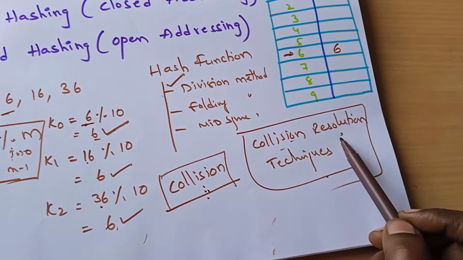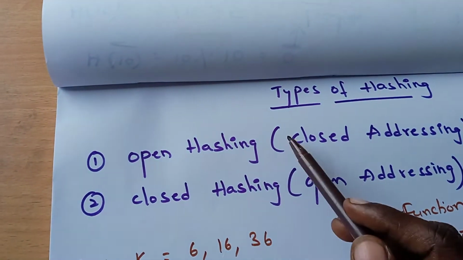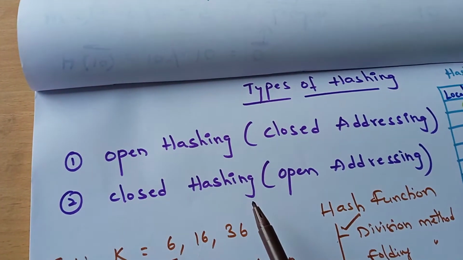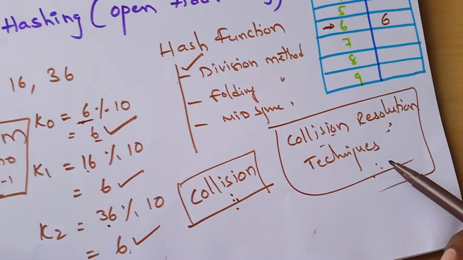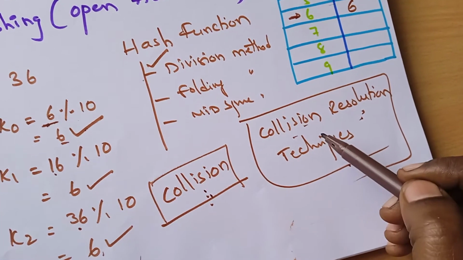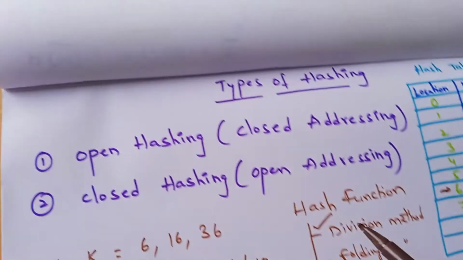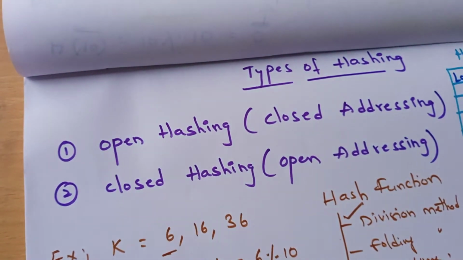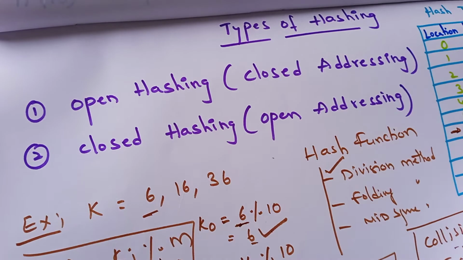These collision resolution techniques will be implemented in these two methods. Now let's discuss in detail how collision will be solved in open hashing and in closed hashing. Let's look into this.